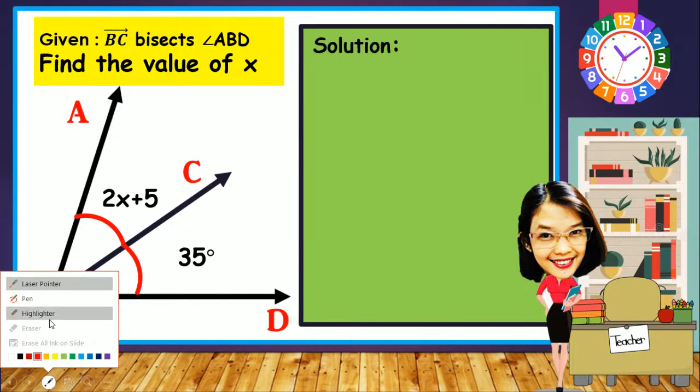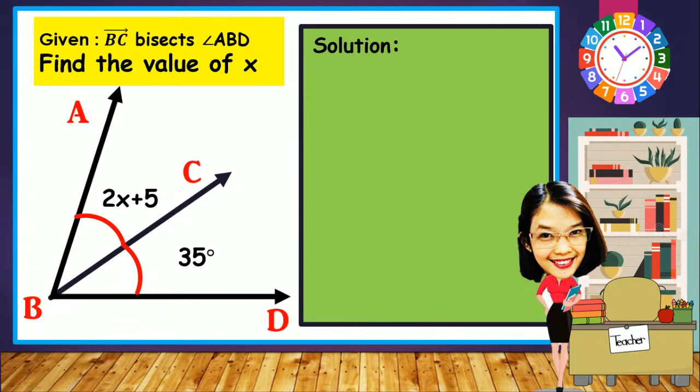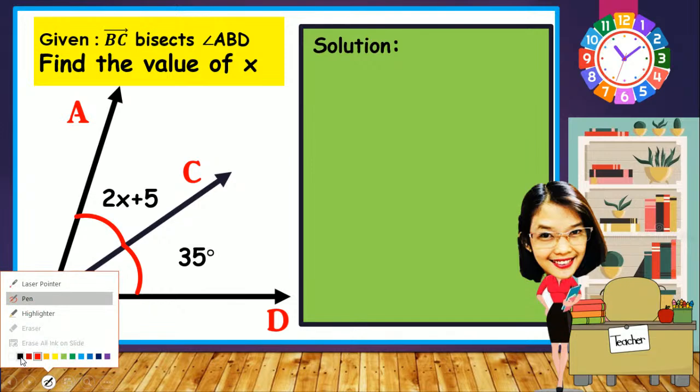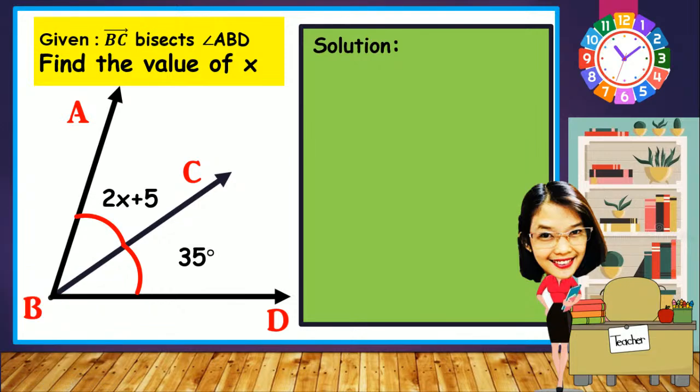Okay, let's use the pen. So this will be our solution. Since ray BC bisects or divides angle ABD, then we can say that angle ABC is congruent or is equal to angle CBD.